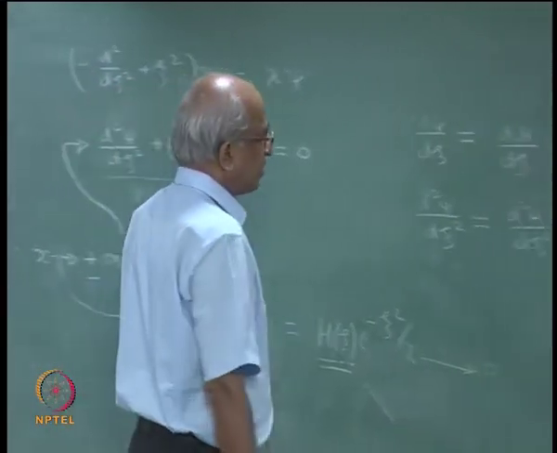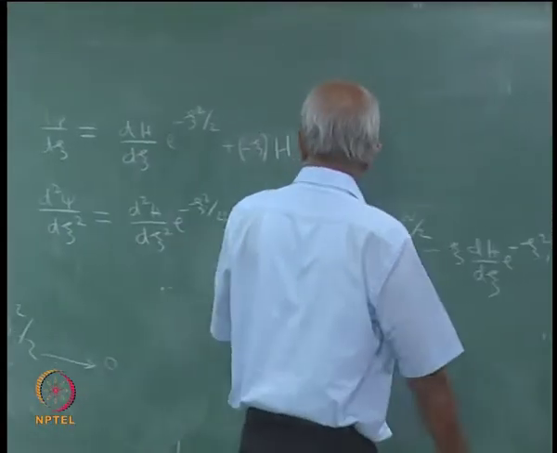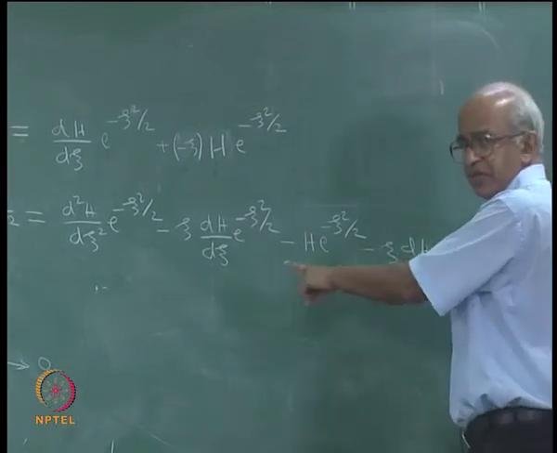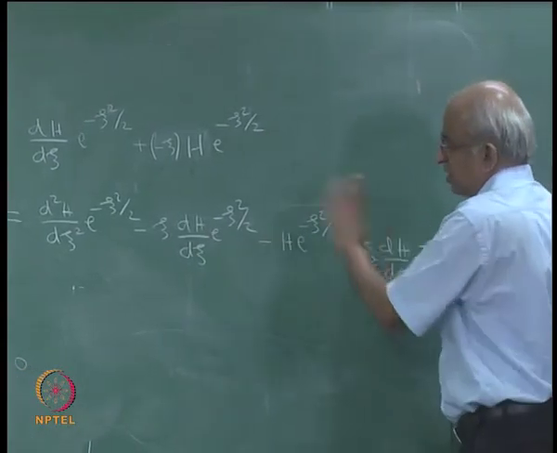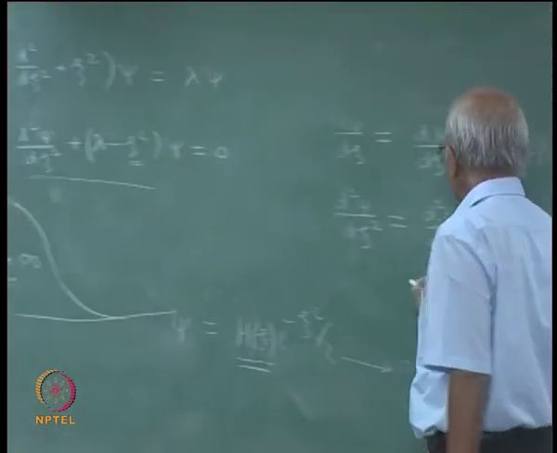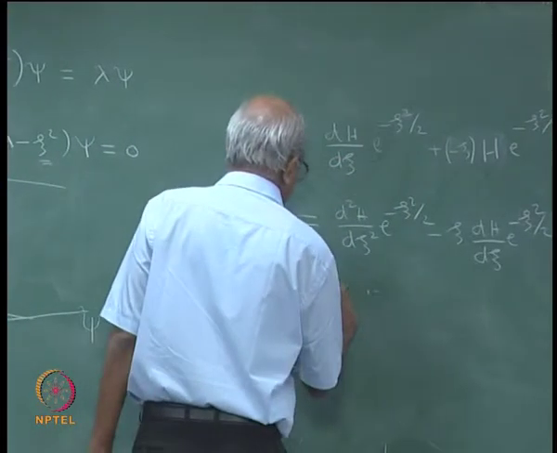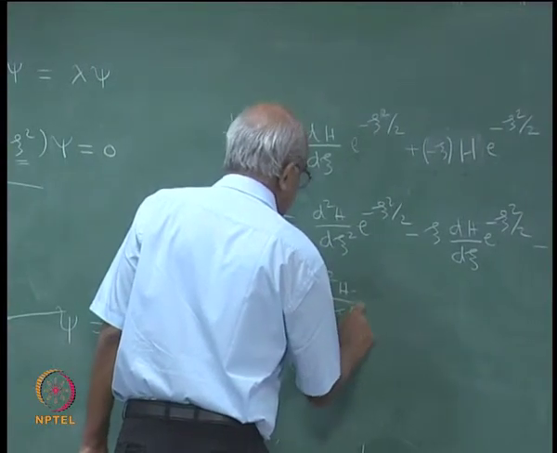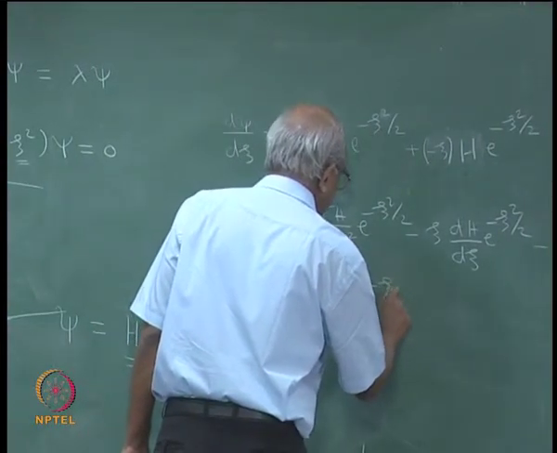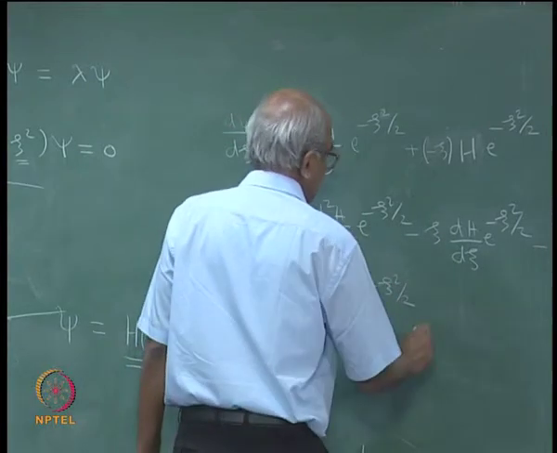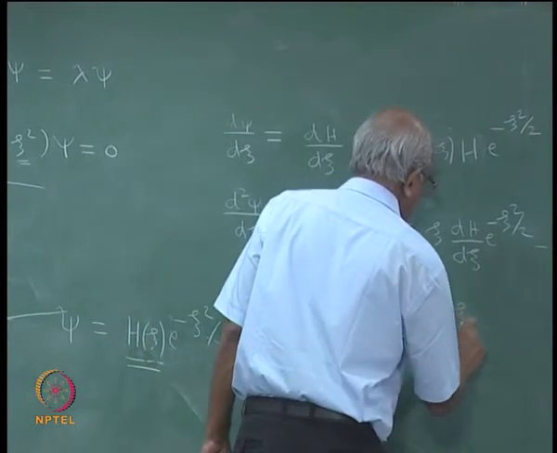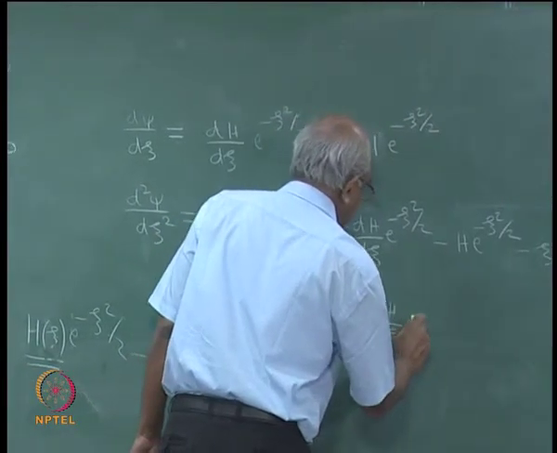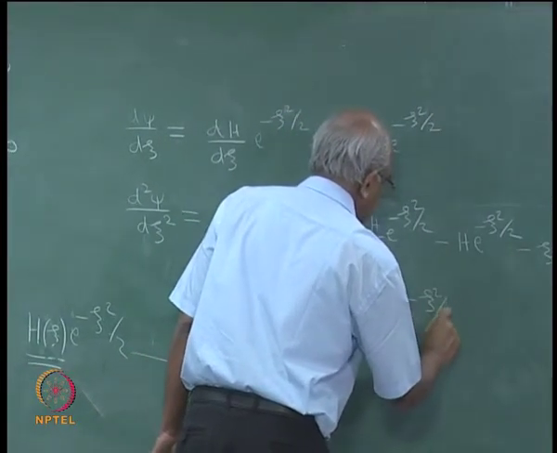In fact, if you look at this expression, you will notice that the second and the fourth terms are the same. So, they may be added up. So, you can say this is actually d square H by dc square e to the power of minus c square by 2 minus 2c dH by dc e to the power of minus c square by 2.